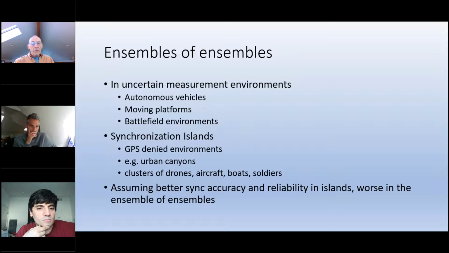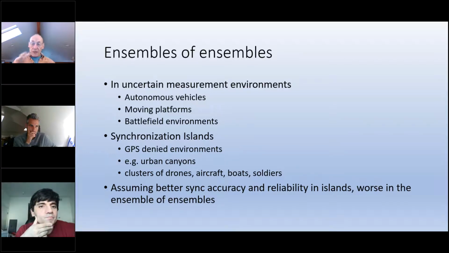And then finally, if we've got uncertain measurement environments, suppose you've got autonomous vehicles, moving platforms, suppose you're in a military battlefield where GPS is denied and you need to do positioning and timing across multiple areas. You've got certain areas where you can get good measurements.